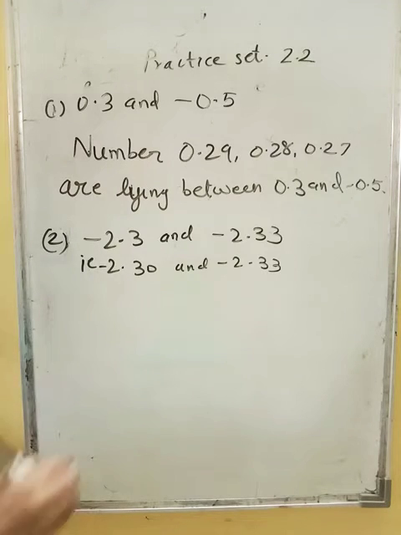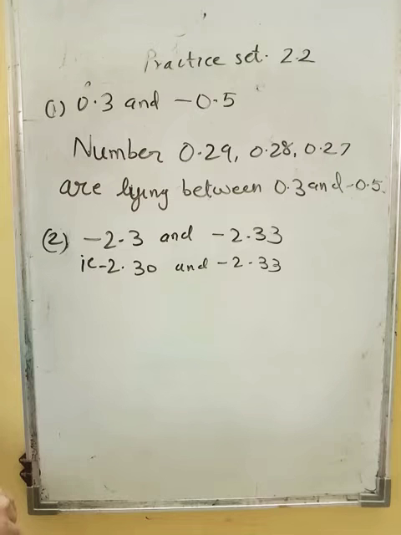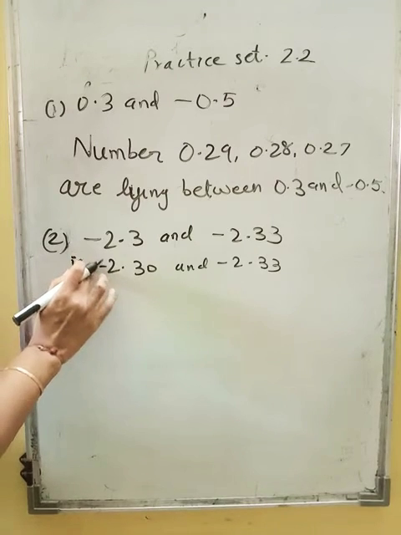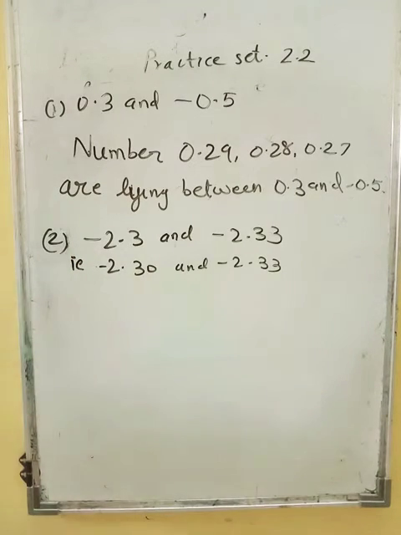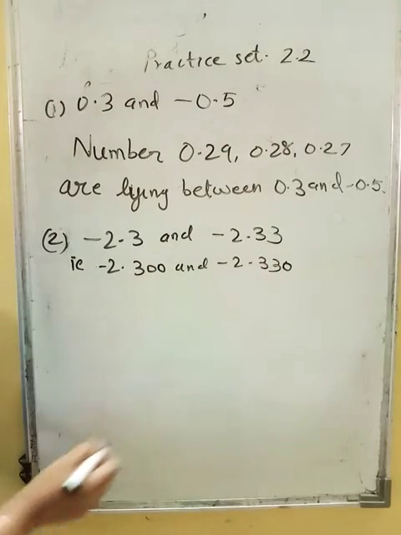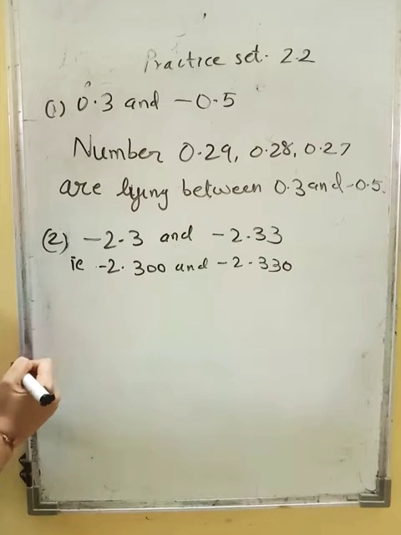Correct? So in between you can get 0.31 and 0.32. But then you will think that there are only 2 numbers. How can we get the third number? Children, you can get the numbers, just add one more 0 to it.